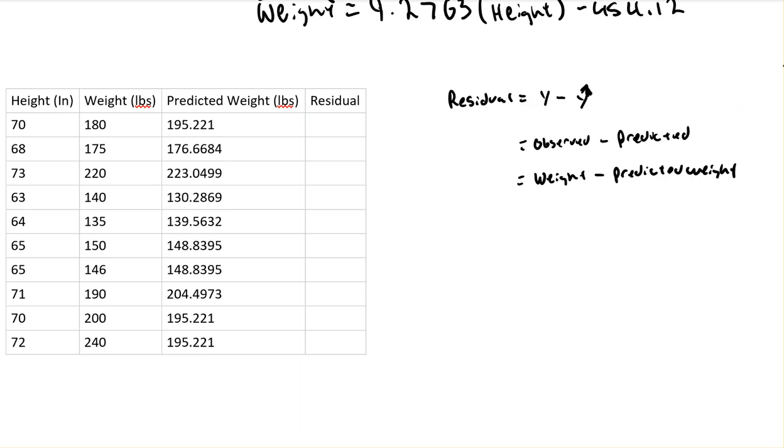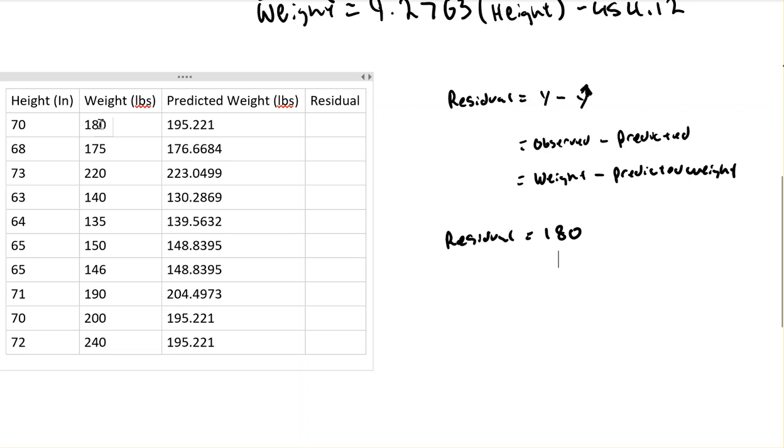So say I was going to do this for the predictions I made for my individuals with a height of 70 inches tall. Then for that, my residual will be my 180 for this first data point minus my predicted value of 195.221.